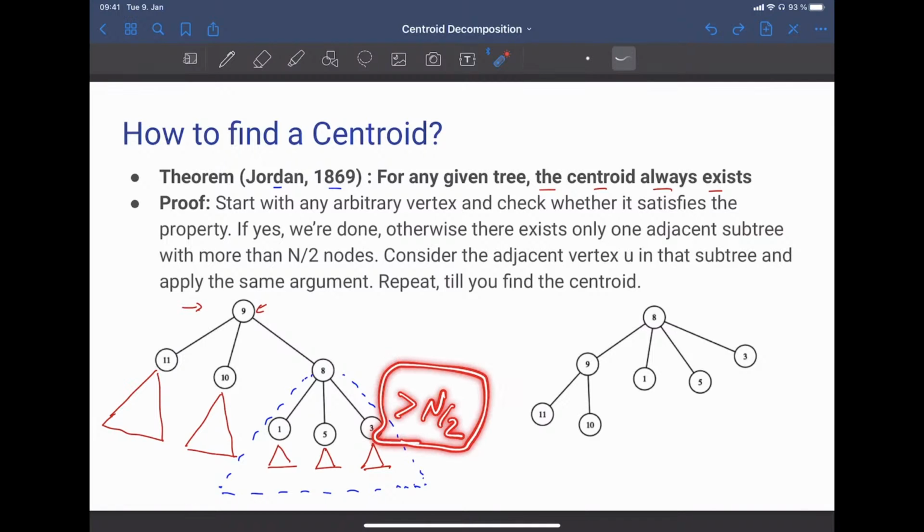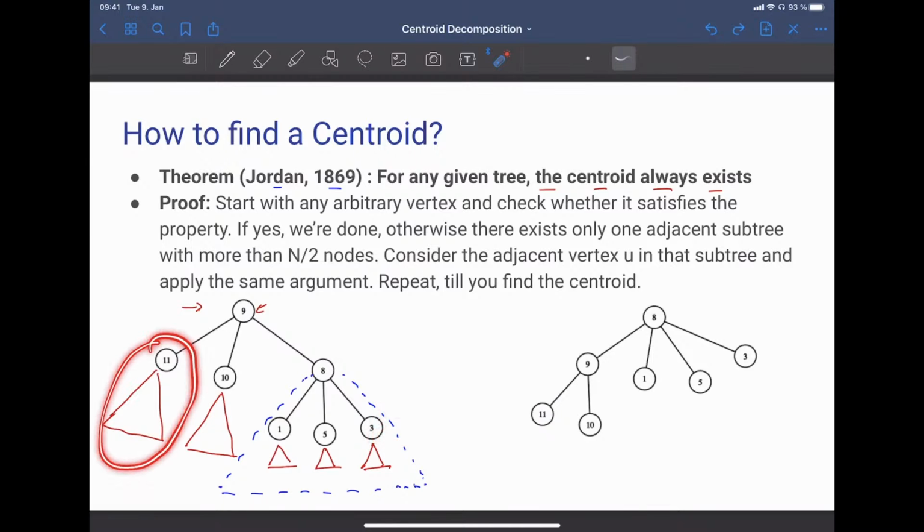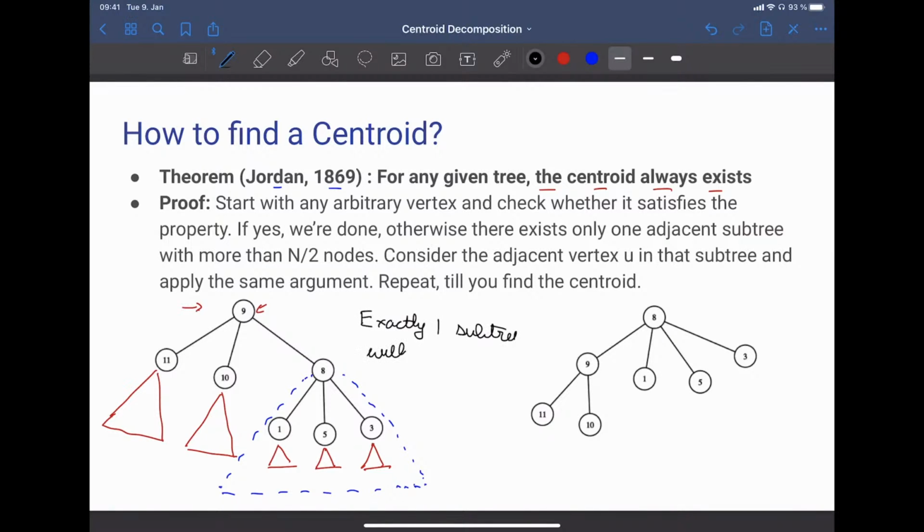This is an obvious statement. Now, can there exist more than one subtree with size greater than n by 2? No. Why? Because if you add the subtree sizes, the total should be less than or equal to n. So therefore, there will exist exactly one subtree with size more than n by 2, right?